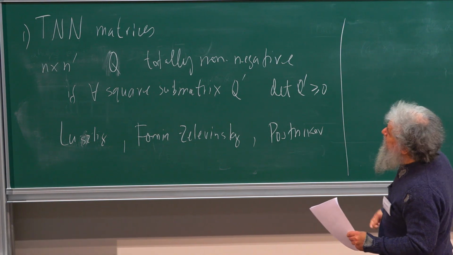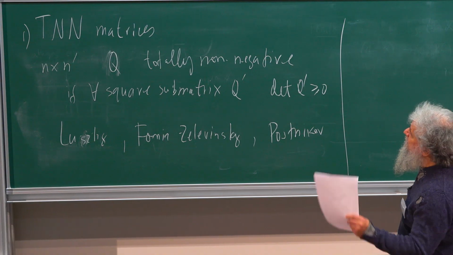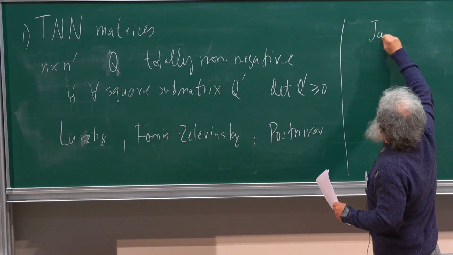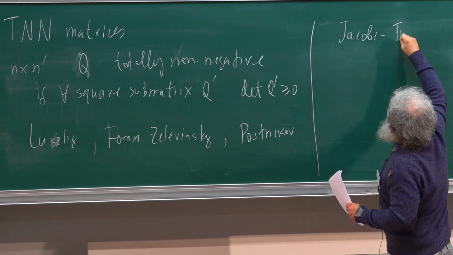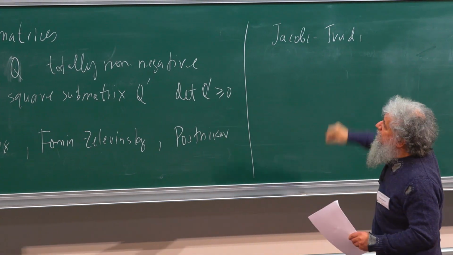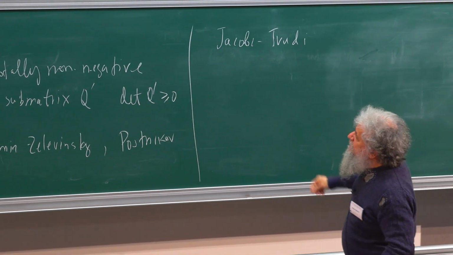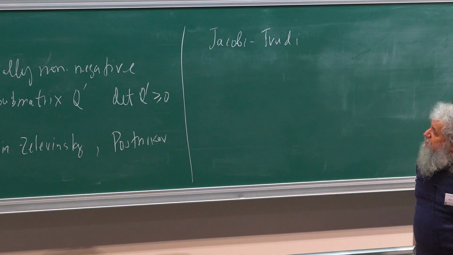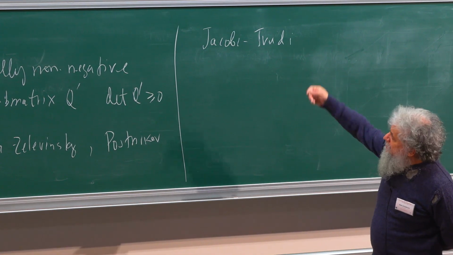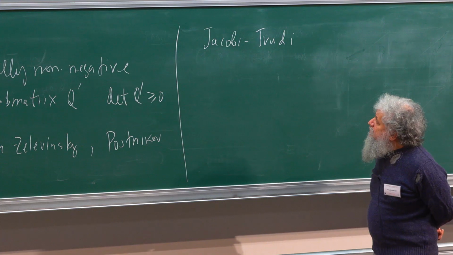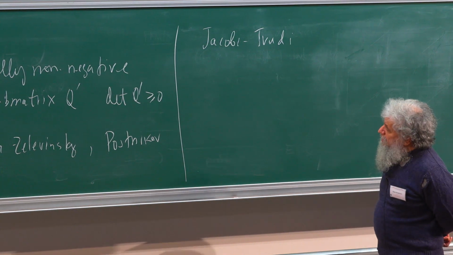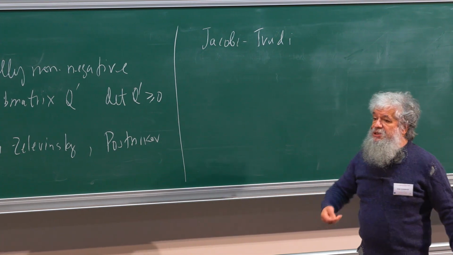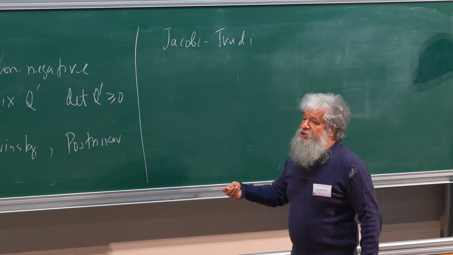One interesting example is the Jacobi-Trudi matrix, which I will explain later. If we have such a quadratic inequality for totally non-negative matrices, then it automatically holds for the Jacobi-Trudi matrix, which gives quadratic inequalities on Schur functions.